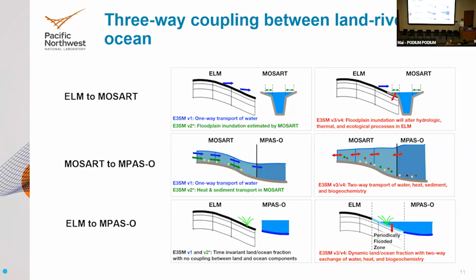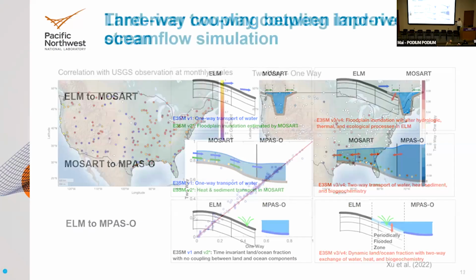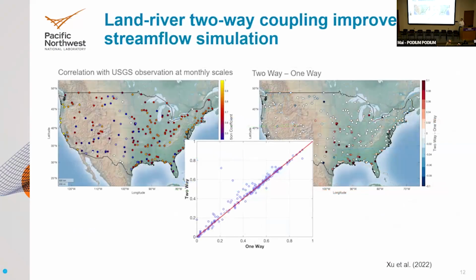And for the land-ocean coupling between ELM and MPAS-O, the added processes are infiltration of ocean inundated water to the soil column, and the natural flow of water from the land grid cell to the neighboring ocean grid cells. So in the following slides, I will show the application of this new coupling scheme.